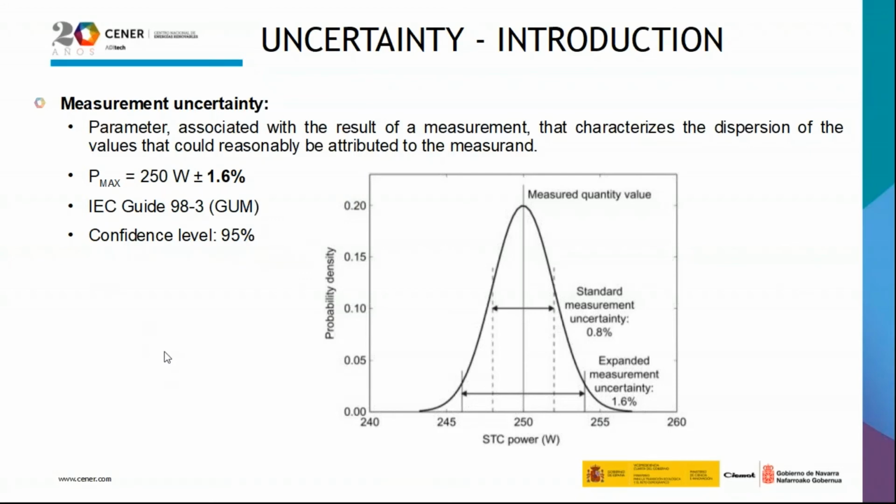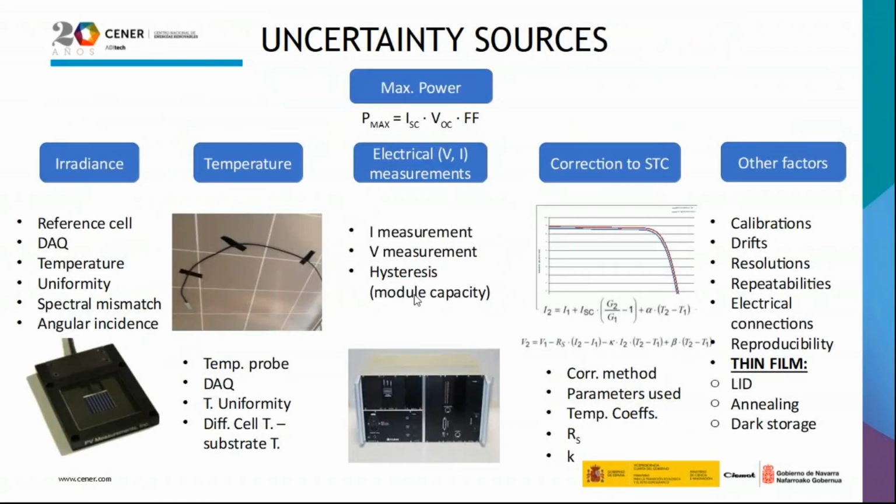So some uncertainty sources, just very briefly, because I am running out of time. There are many uncertainty sources, but what is important is to know exactly how you are measuring the maximum power in this case, and analyze every single possible effect that your instrumentation can have.